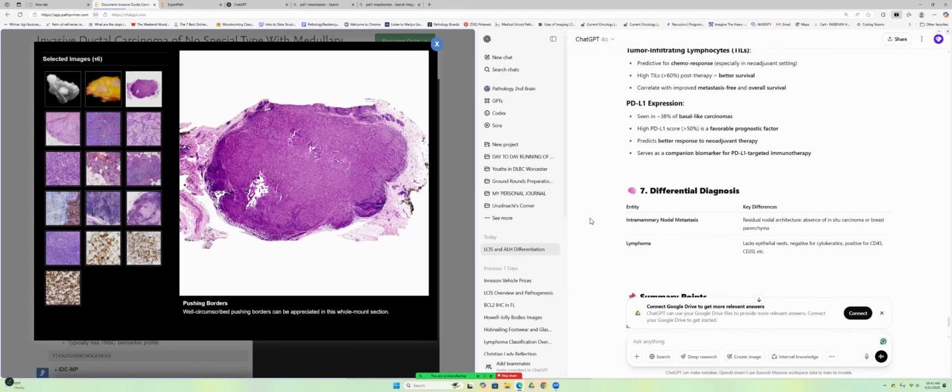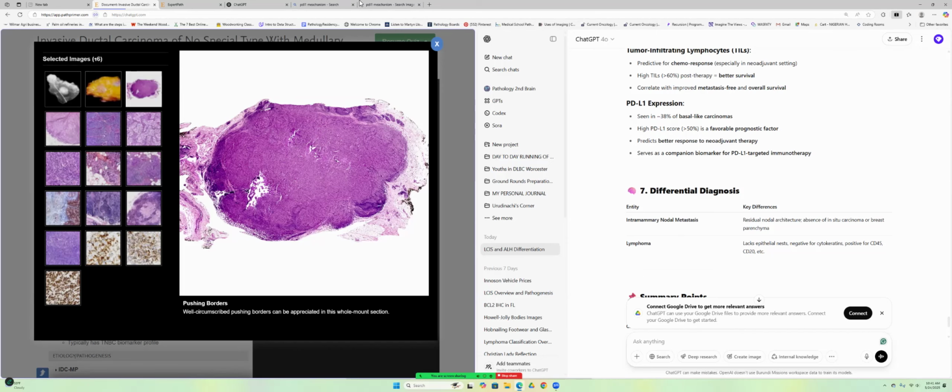She has forgotten all these things and doesn't know which mechanism is which. So at least as an attending, you're able to say it's PDL1, because PDL1 is on the tumor, right?